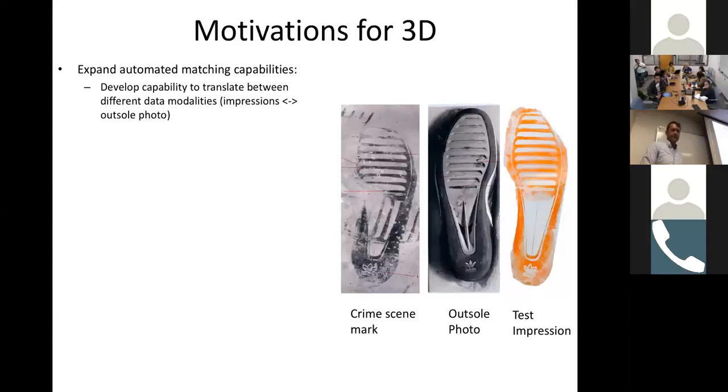So there's a couple motivations for thinking about 3D tread. So the first is we'd really like to expand the capability of our sort of matching system. And so in particular, if we could find a way to sort of match impressions to these outsole photos, suddenly we could make use of this online data and be able to sort of maintain that resource and kind of track the appearance of these new tread patterns.